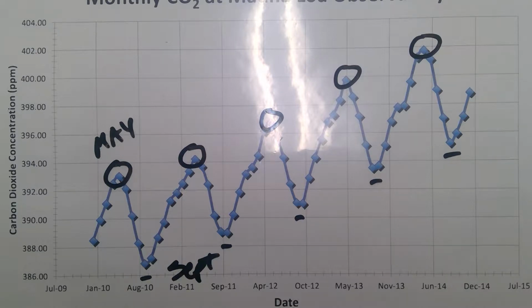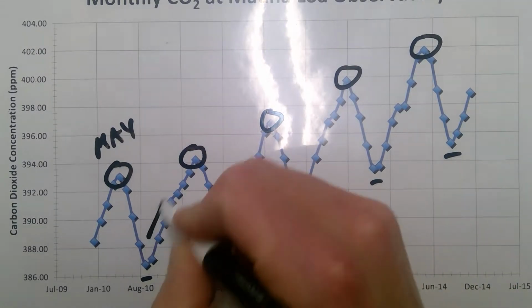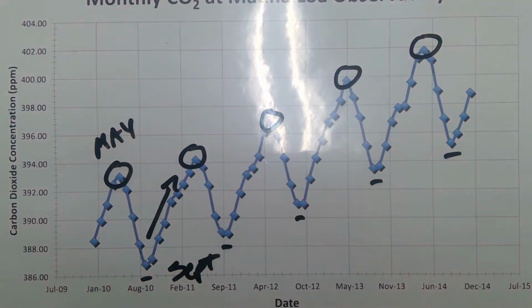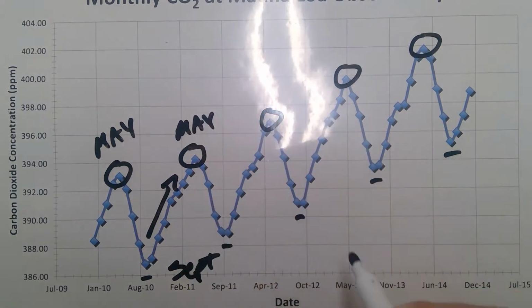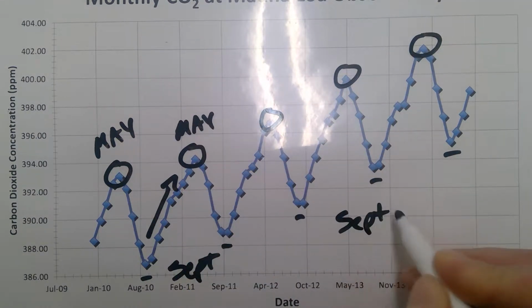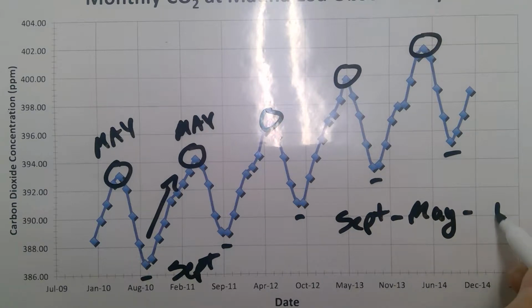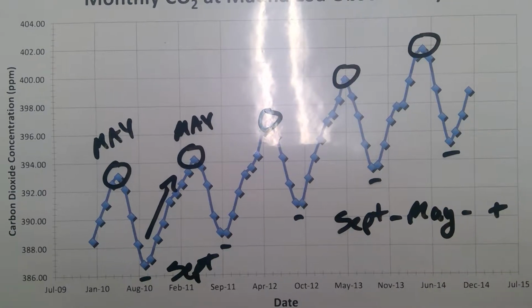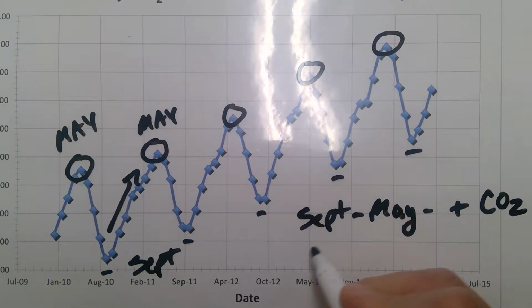So when you look at it, there appears to be an accumulation or a buildup of CO2 for part of the year. From September to May, you get a net gain, or we could use the term a surplus. We're adding CO2 to the atmosphere.